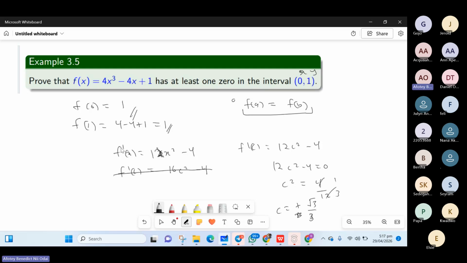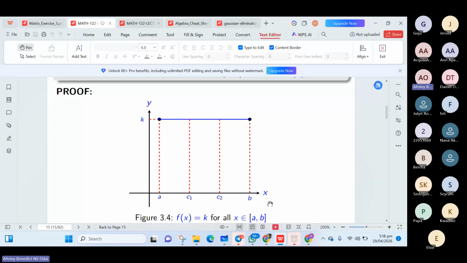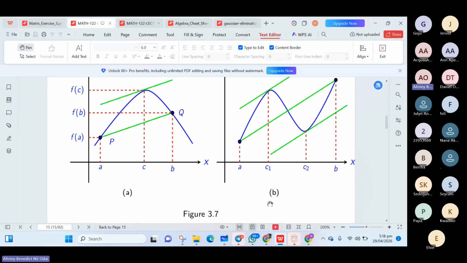This is the value we get for c, and c is in this interval, so it's satisfied. Let's see how they explain this and how they concluded with their final answer. I'm not really getting how to conclude this.